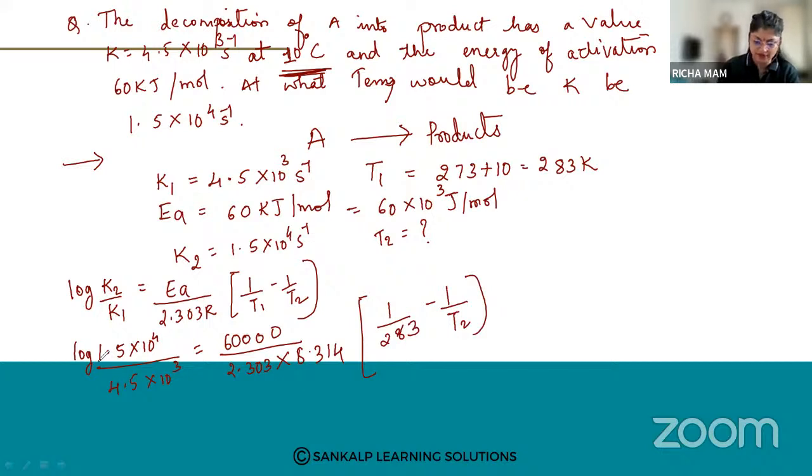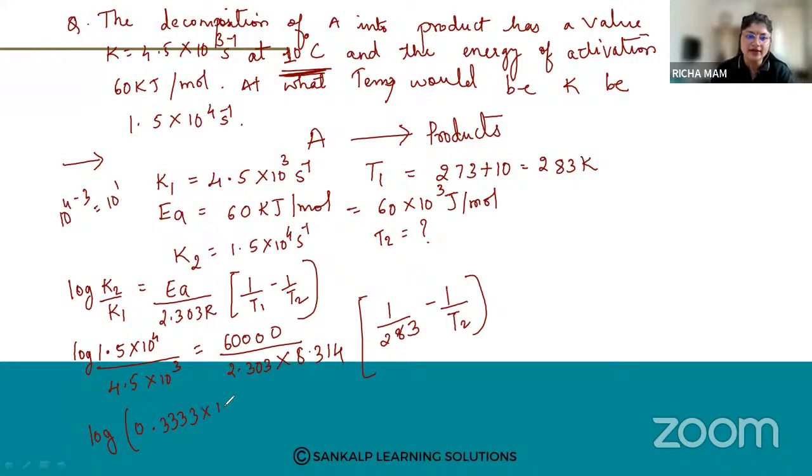1.5 divided by 4.5. Yes, so log of 1.5 divided by 4.5, I am getting log of 0.3333. And 10 raised to 3, when it goes up, it becomes 10 raised to 4 minus 3, so it becomes 10 raised to 1.